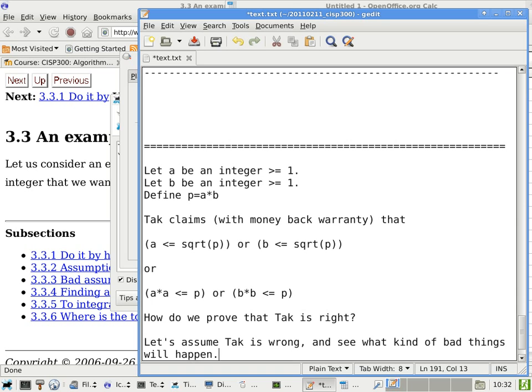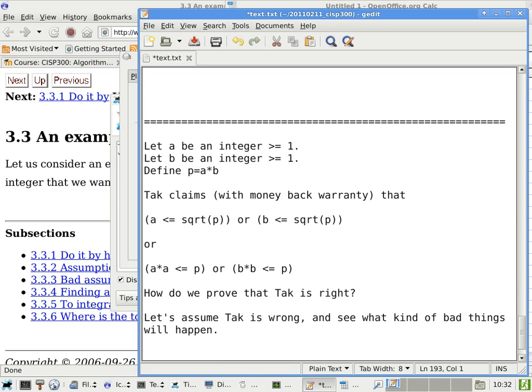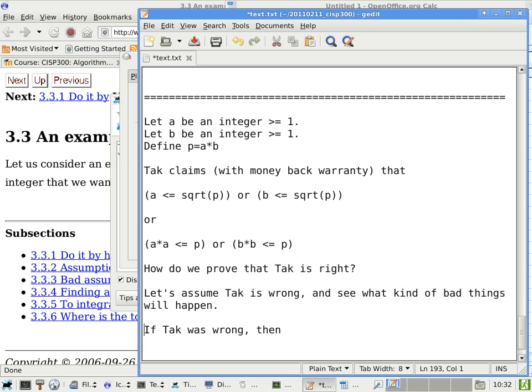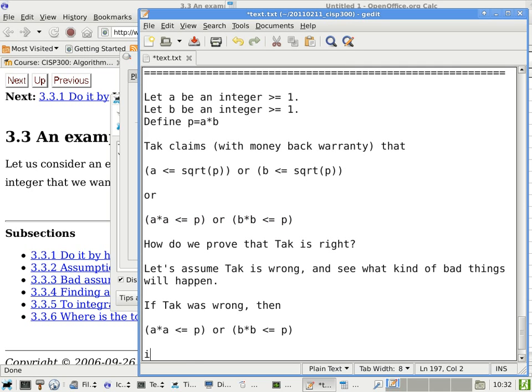Okay? What does it mean that I'm wrong? If I'm wrong, this is not true, because that's my claim. Is that right? Yeah. Okay, so I'll just go ahead and do that. So if the claim was wrong, then it is not true for all possible A's and B's.